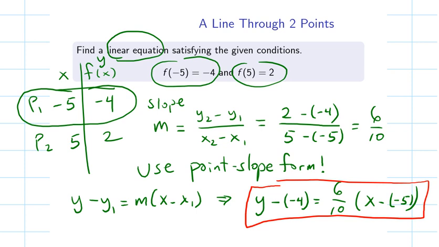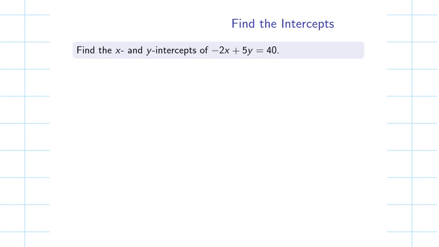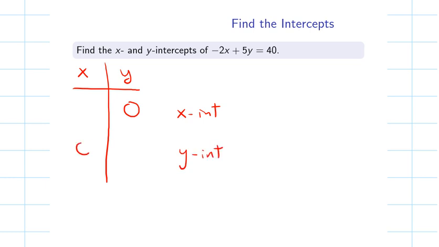Find the intercepts. Okay, we want the x and y intercepts. So let's make a chart, and remember that the x-intercept is where y is 0, and the y-intercept is where x is 0. So we just have to fill out this chart. If y is 0, we have to solve negative 2x plus 5 times 0 equals 40, and 5 times 0 is 0, and this just means x is negative 20.